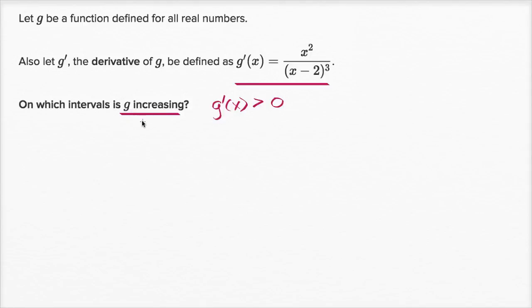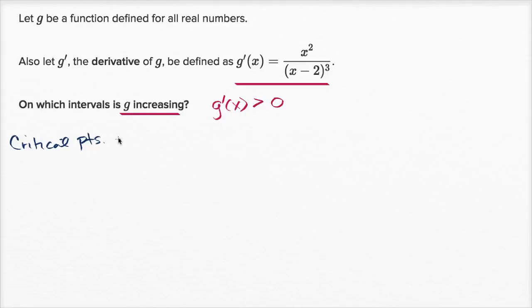And so there's a couple of ways that we could approach this. You might just want to inspect the structure of this expression and think about when that is going to be greater than 0. Or we could do it a little bit more methodically. We could look at the critical points or the critical values for g.